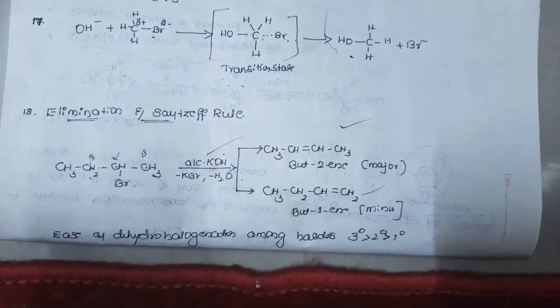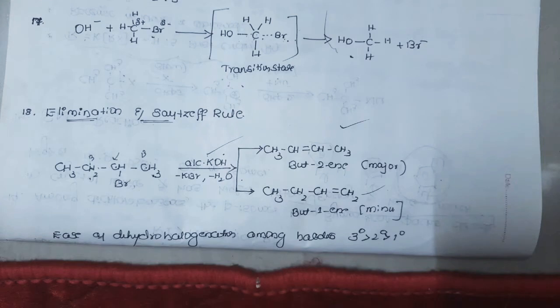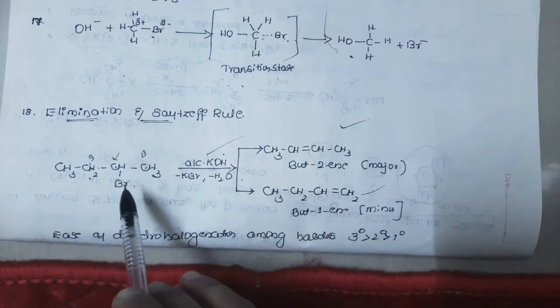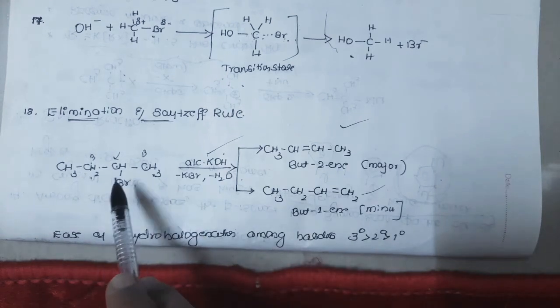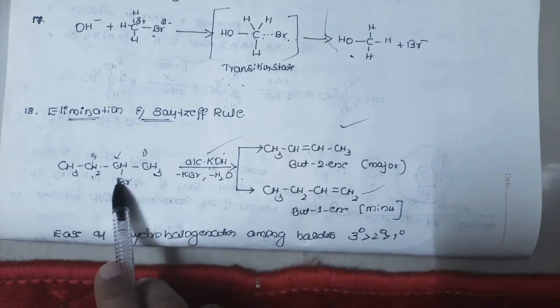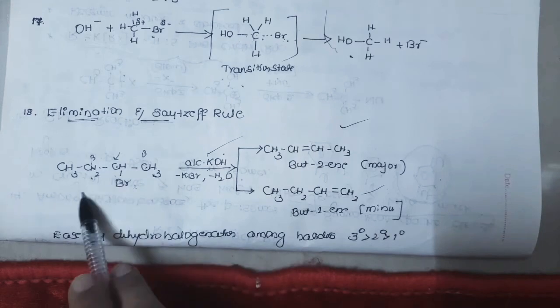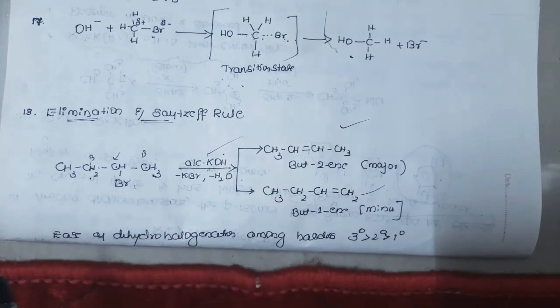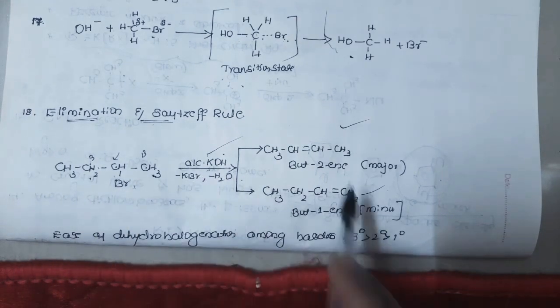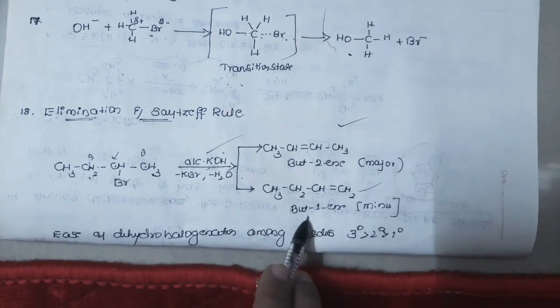If both reactions take place, then which is the major and stable product? That you have to see here. When I treat this alkyl halide, 2-bromobutane, with alcoholic potash, I will get 2-butene and I will get 1-butene.